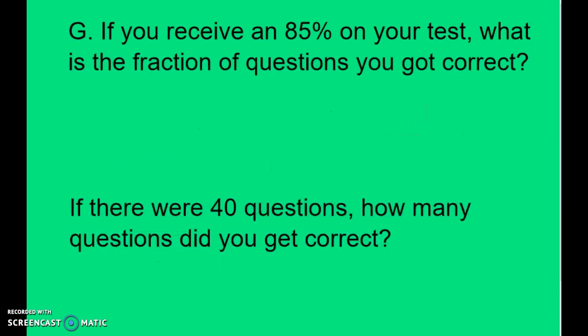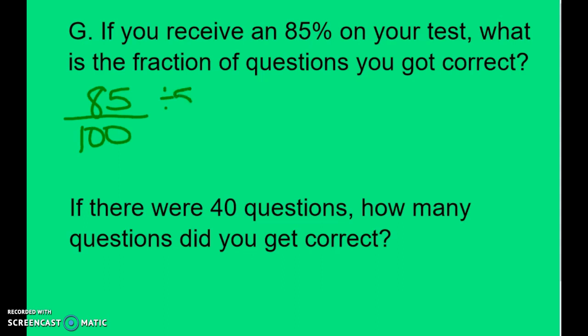All right, let's look at this next one. If you receive 85% on your test, what is the fraction of questions that you got correct? Let's do that part first. So pause your video and unpause when you have the right answer. Again, we're going to put the 85 over 100.